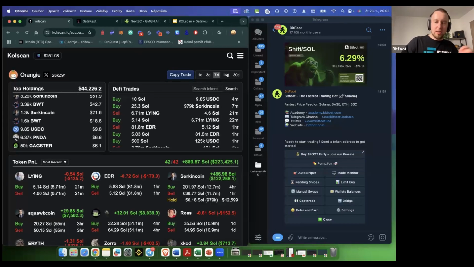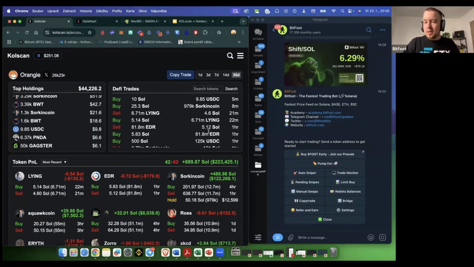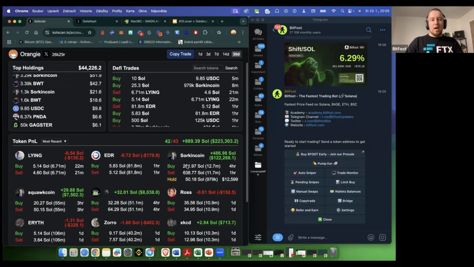We can also search these tokens here. We can toggle these settings that are gonna change the days, and we can see in the last 30 days he made close to 1,000 Solana, which is almost like $250,000, which is quite a lot.